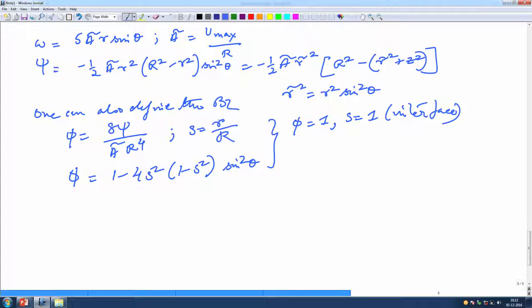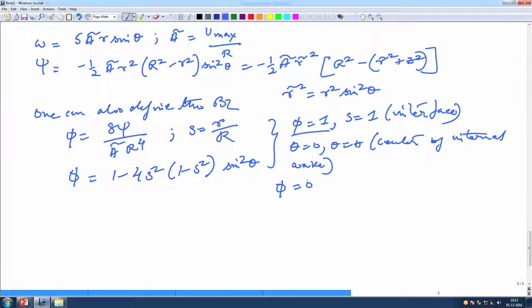S equal to 1 is basically the interface. And when theta is equal to 0 and theta is equal to pi, that means the center of the internal wake, that is also valid, and phi is equal to 0 at the vortex center, which is theta equal to pi by 2, s equal to 1 over root 2.